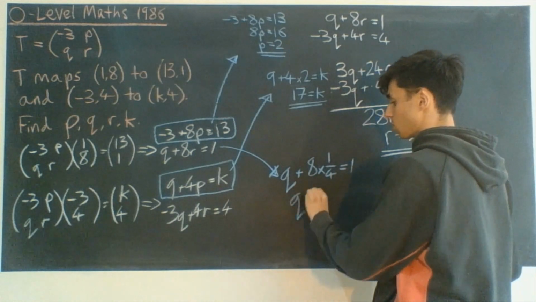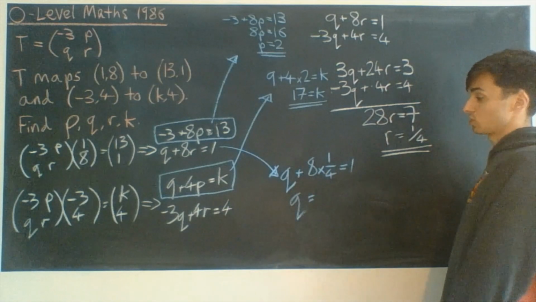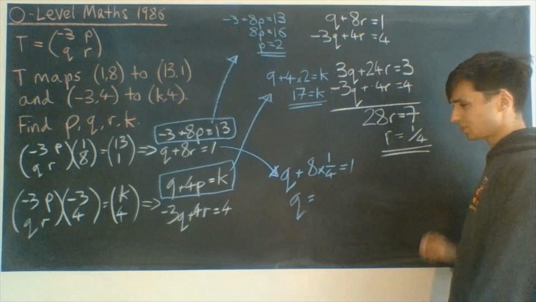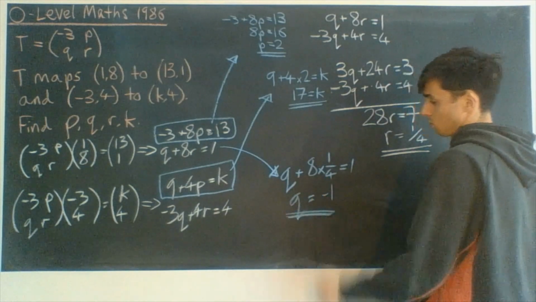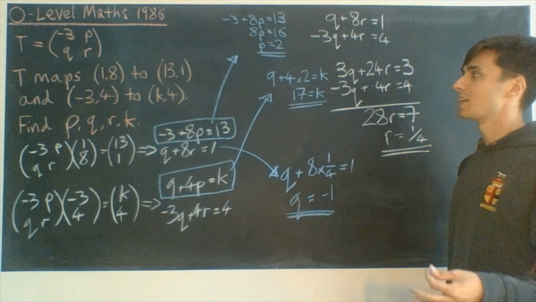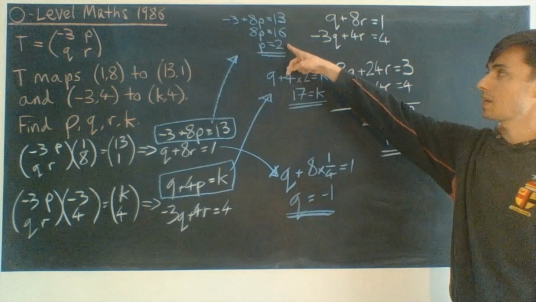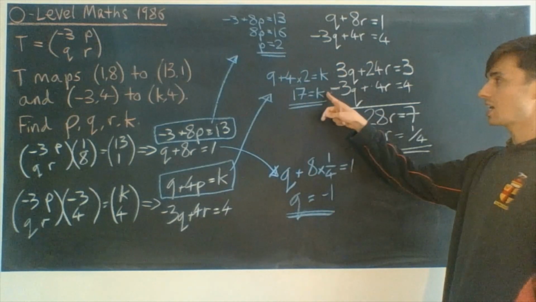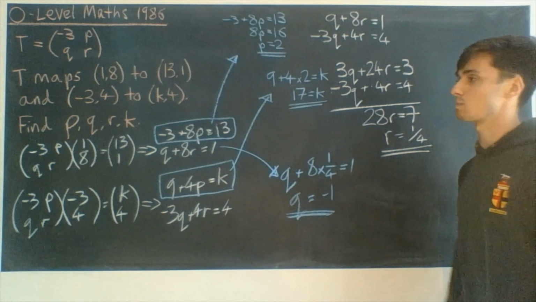That means Q plus 2, because 8 lots of 1/4 is 2, equals 1. So Q has to be minus 1 when we take away 2 from both sides. That's it then. We found all 4 of what we needed. P equals 2, K equals 17, R equals 1/4, and Q equals minus 1.